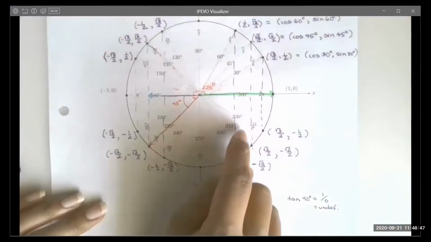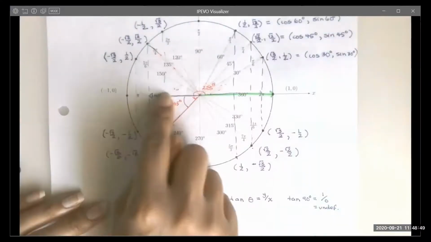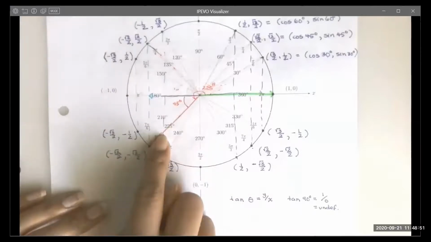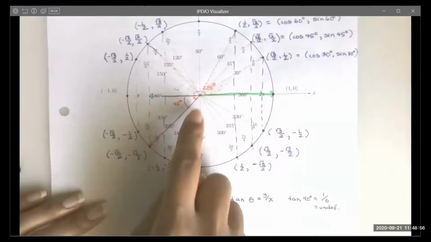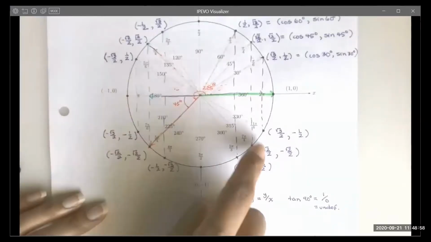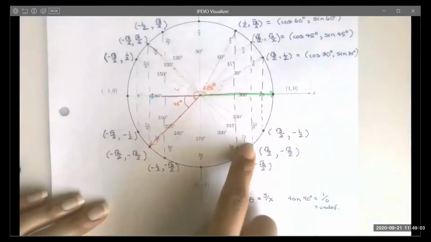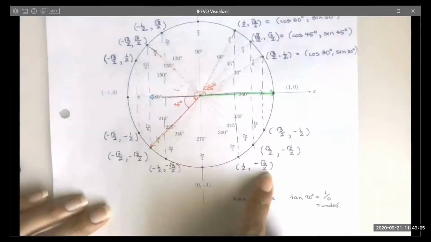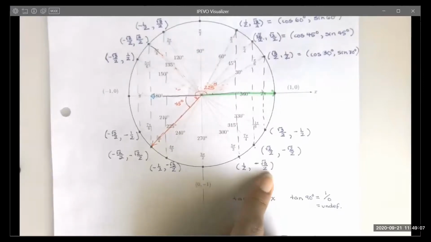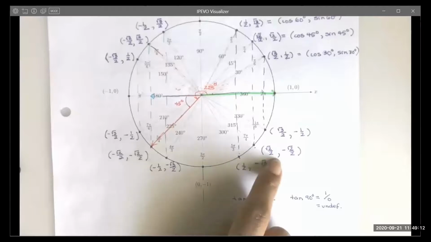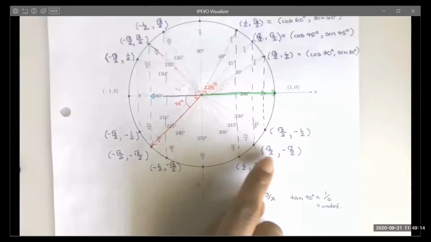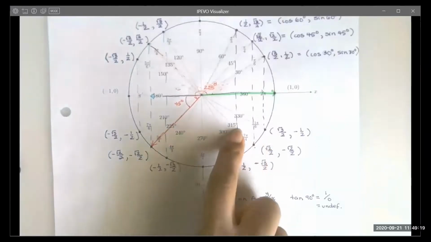If we go to quadrant 3, I have -x and -y, so those have the same sign. That quadrant gets disqualified. Then we can go to quadrant number 4, which has a positive x, -y. That's going to happen for 315. Right here we have the same value, but this one's positive, this one's negative. So 315 would be the other angle.